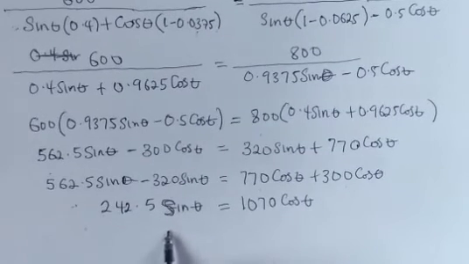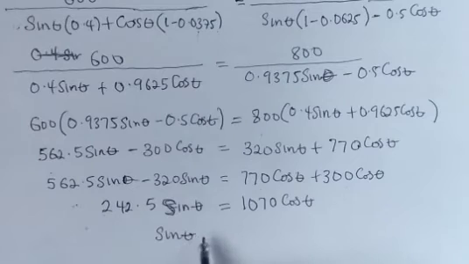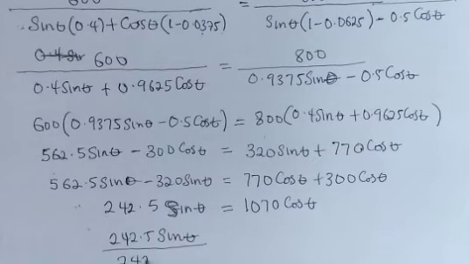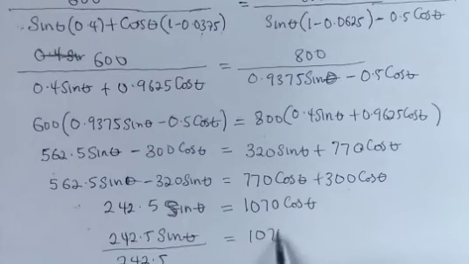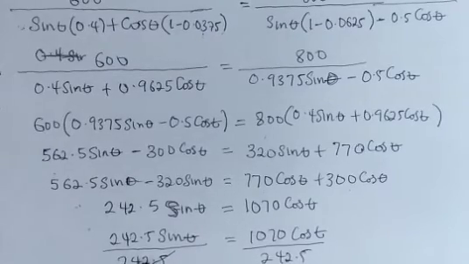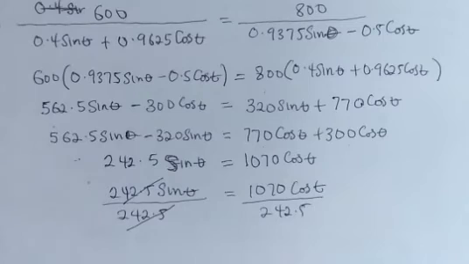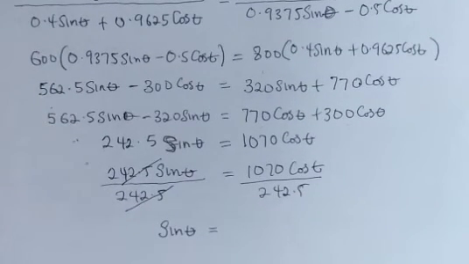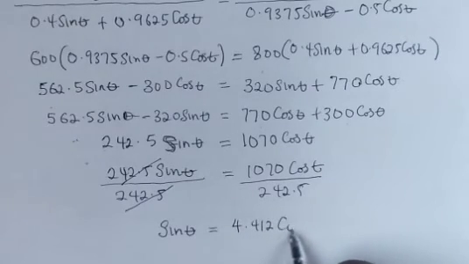From here, if I divide both sides by 242.5, I will have sine theta equals 1070 divided by 242.5, and that will give us 4.412 cos theta.